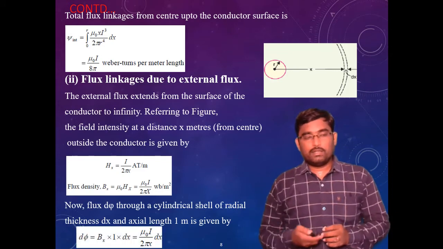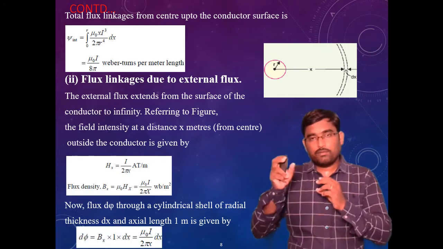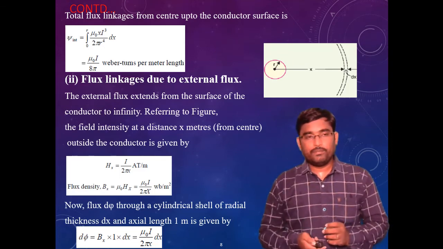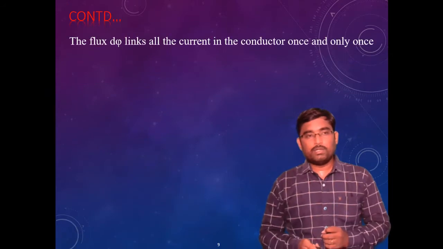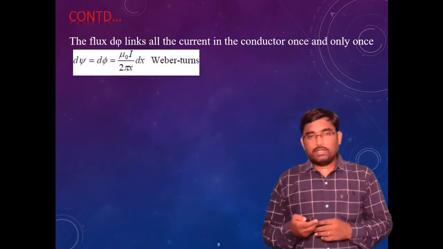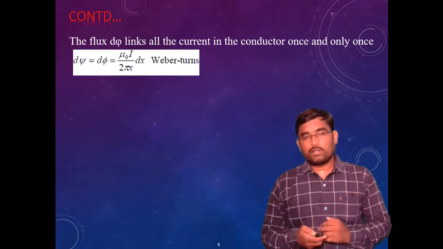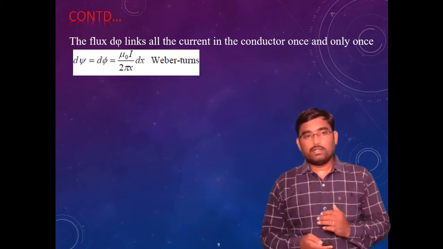Then that part of flux d phi equals flux density Bx into 1 into dx, which will be mu naught I by 2 pi x dx. This flux d phi links all the current in the conductor once.